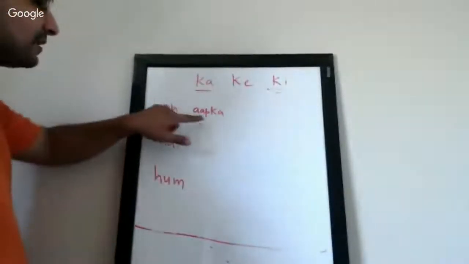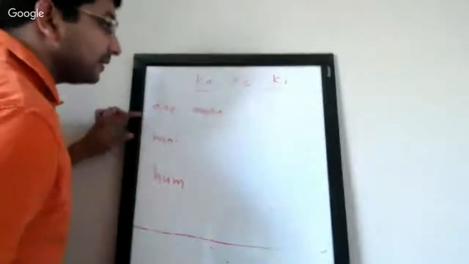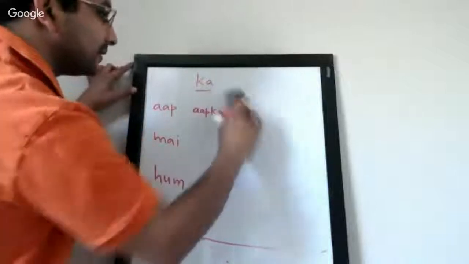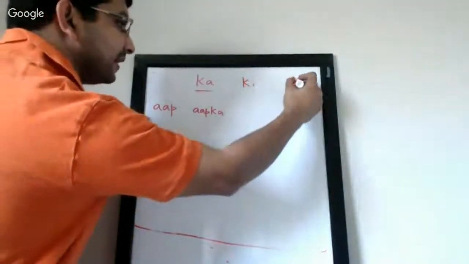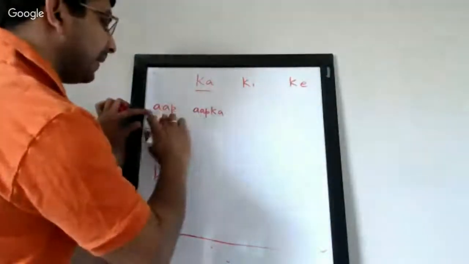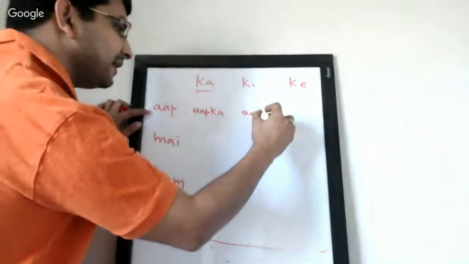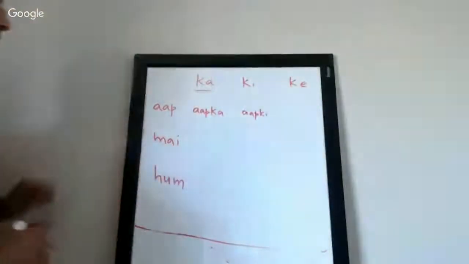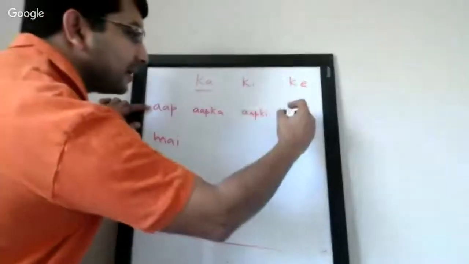So aap plus ka is aapka. I'm going to switch it here: ki and then ke. Aap plus ki is aapki. As you mentioned, aapki sister, aapki bike, aapki university, all of them will be ki. And then aapke.